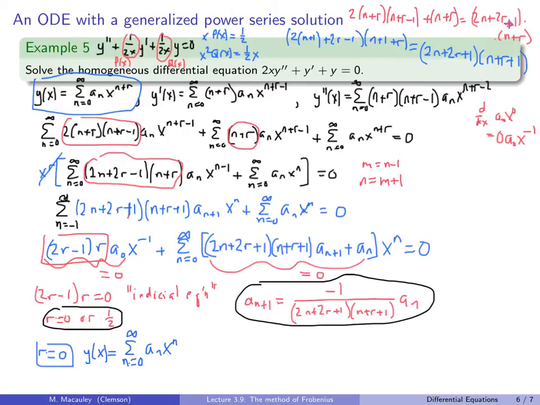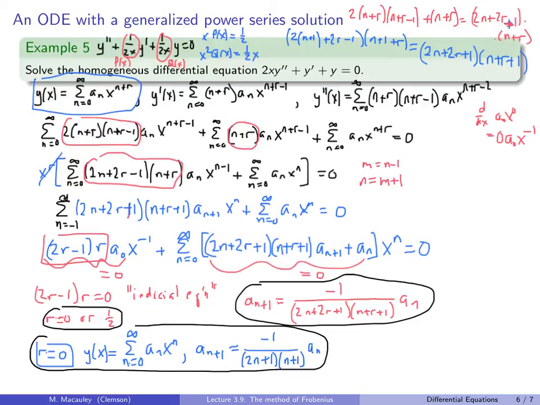And let me take this recurrence and plug in r equals 0. We get that a n plus 1 equals negative, the bottom becomes 2n plus 1 times n plus 1, times an. So here's one solution.